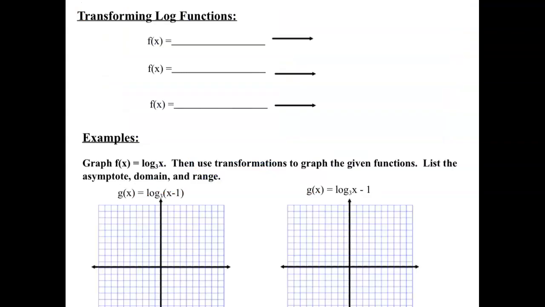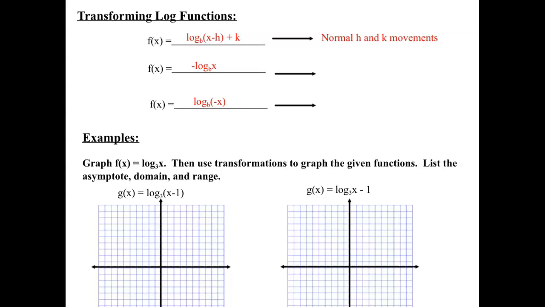All right, so transforming them. We can transform log graphs the same way we've been doing every other function. Let me go through each of these and then I'll pause the video and let you guys write stuff down. For the first one, log base b of x minus h, plus k. Your h and k are just your normal left, right, up, down movements.